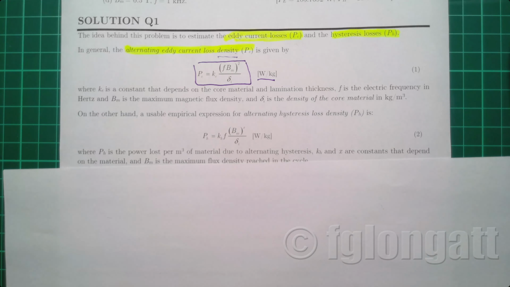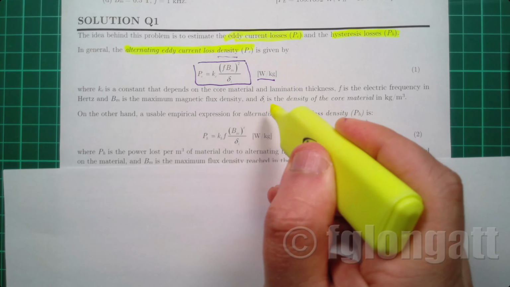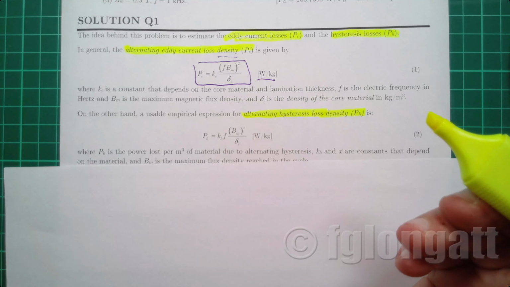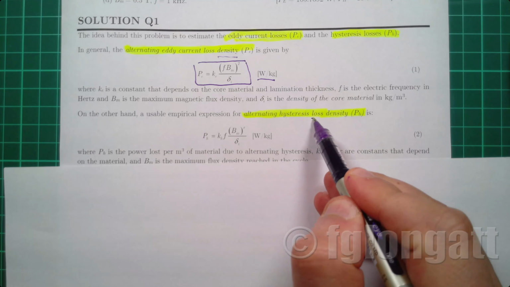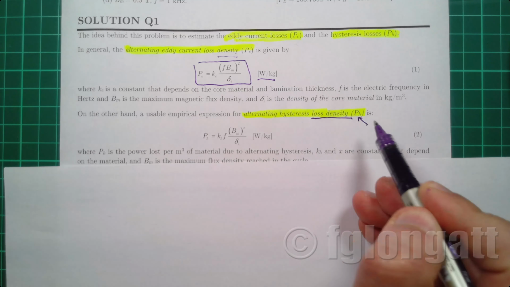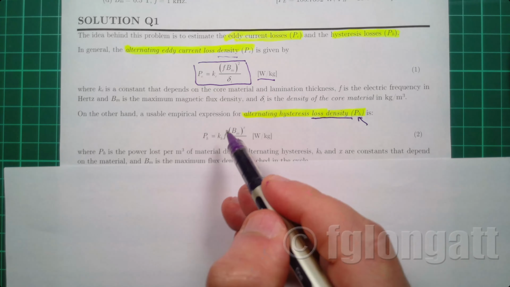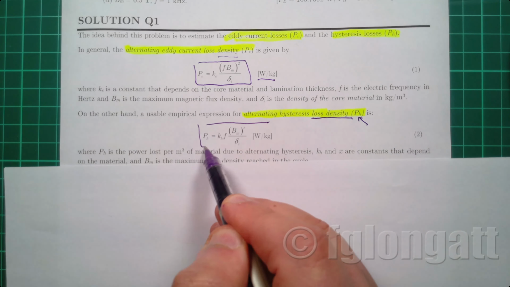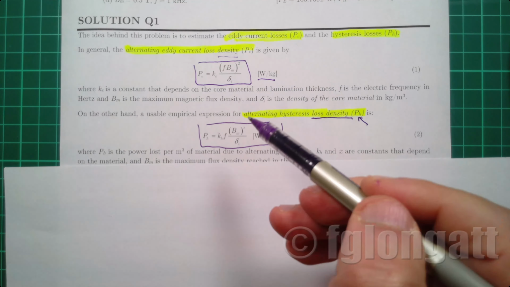A similar equation can be obtained for the alternating hysteresis loss density. So here we are using pH, and you can see over here that we are using lower case h because again this is a loss density. And you can see here the equation, and in this equation the units are watts per kilogram.